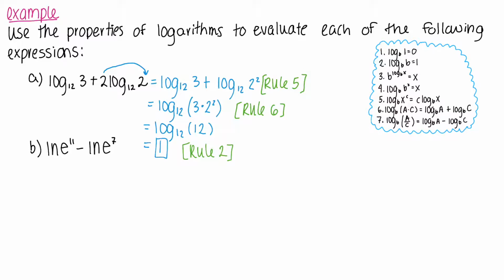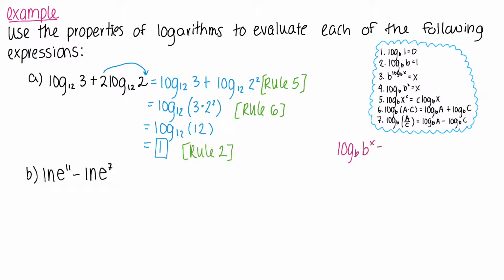So by the magic of iPads, I'm going to take this, move it a little bit down so we have some room here. Now, up here in this first problem, we couldn't do anything to simplify either of these pieces as they were. However, we can do something here. So if you remember, this rule right here: log base b of b to the x is equal to x.